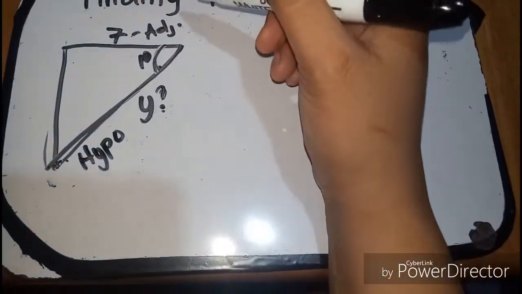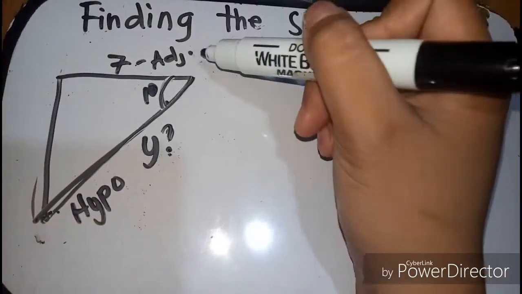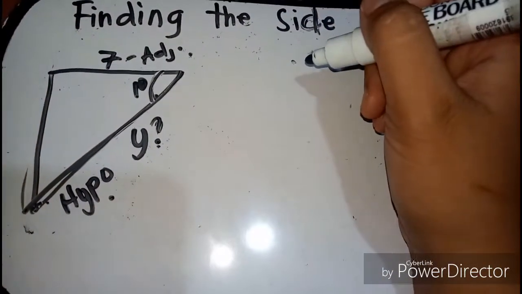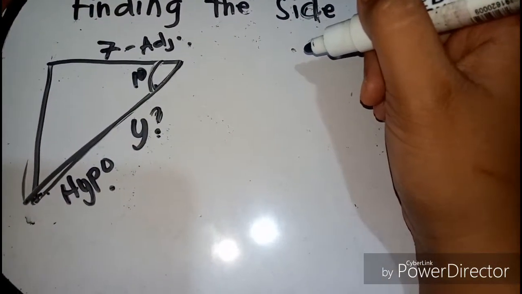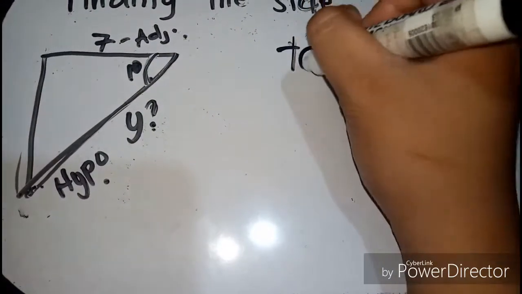So our example has an adjacent and a hypotenuse. The formula that we're going to use is the tangent.